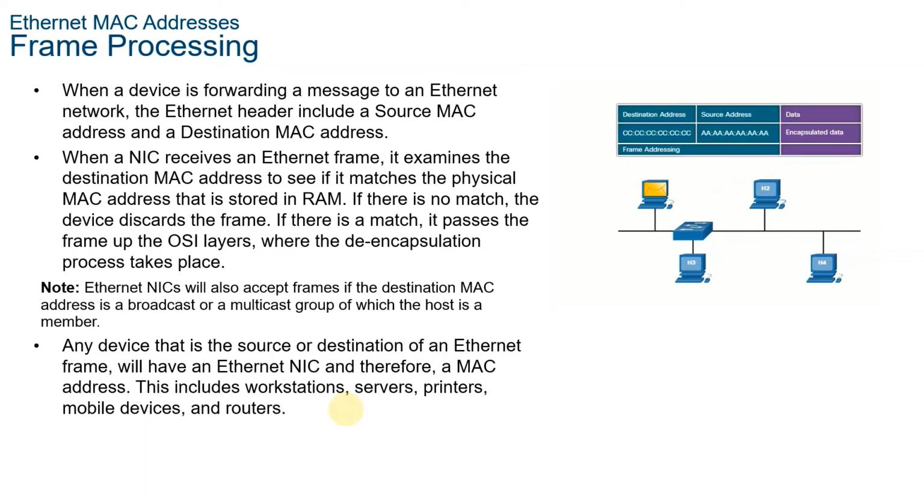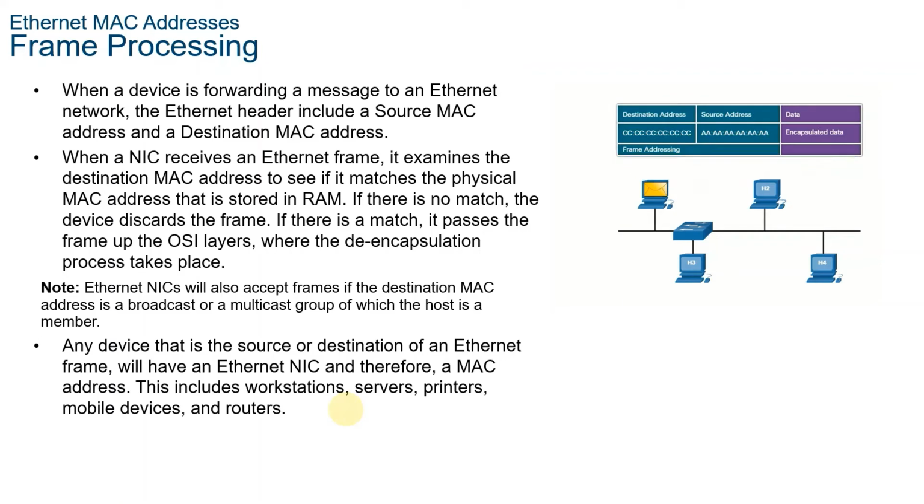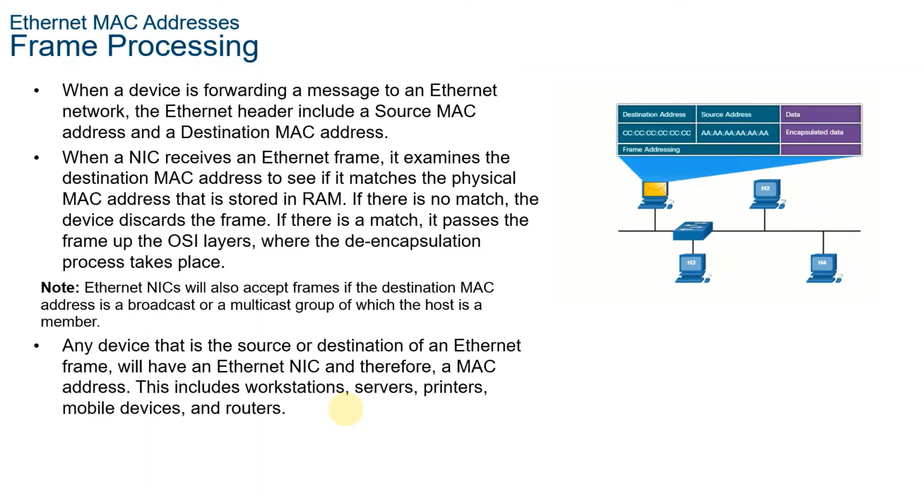Note that on modern PC operating systems and NICs, it is possible to change the MAC address in software. This is useful when attempting to gain access to a network that filters based on the BIA. Consequently, filtering or controlling traffic based on the MAC address is no longer secure.